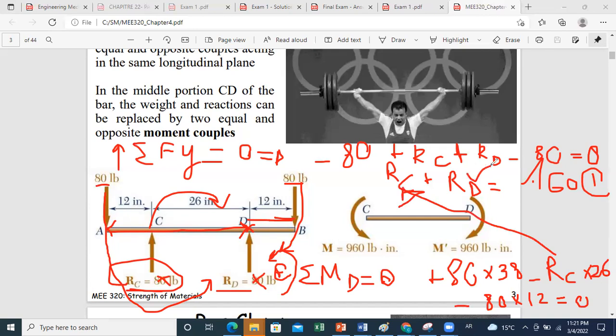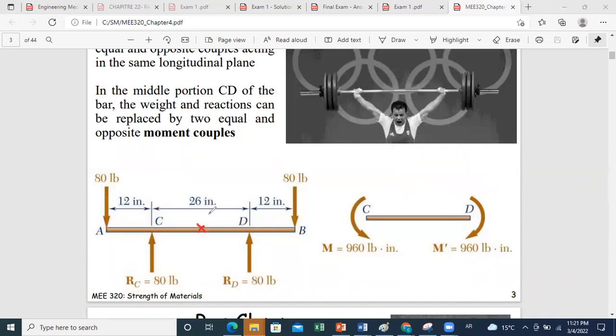Okay, and then you can solve for RC and RD. Another easier way is to take just the middle point O of your beam and say that the sum of moments about O equals 0. Due to symmetrical effects, the moment of this load will cancel out with the moment of the other load.